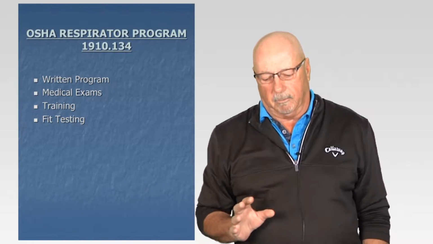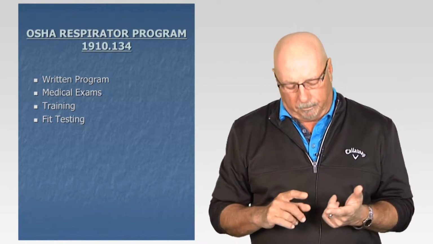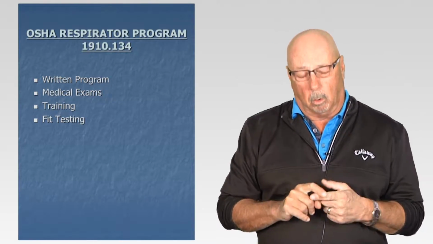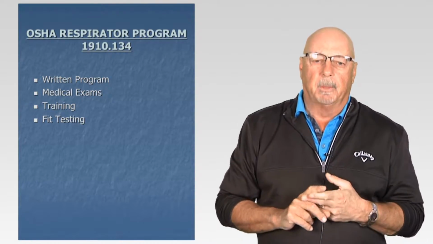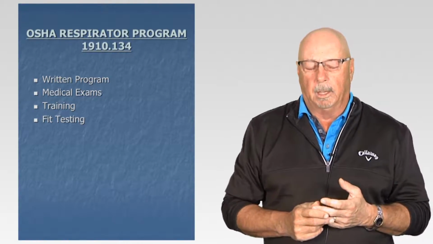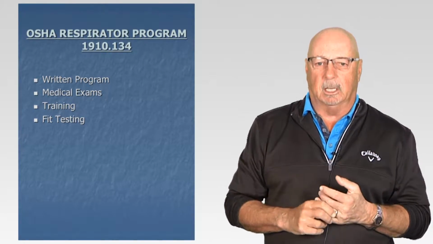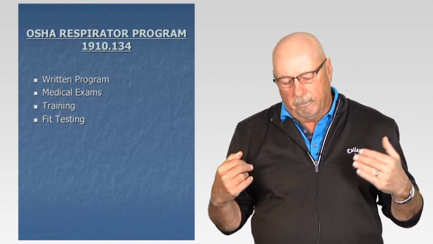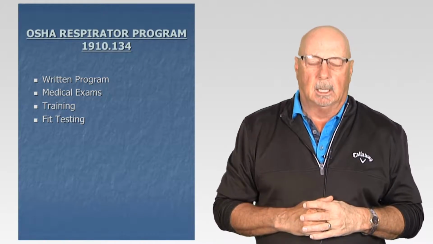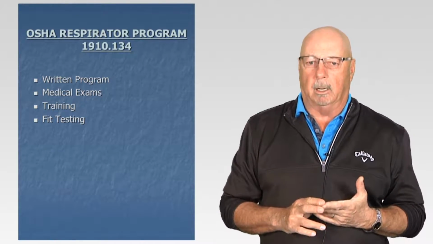So we have to have employee training. The training subjects need to explain what the respirator will protect against, what it won't protect against, how it's to be used, how it's to be worn, the proper way to fit it when you put it on, and how to do fit testing. Every time you put it on, how do you do a positive and a negative fit test? We train them what to do as far as maintaining the respirator.